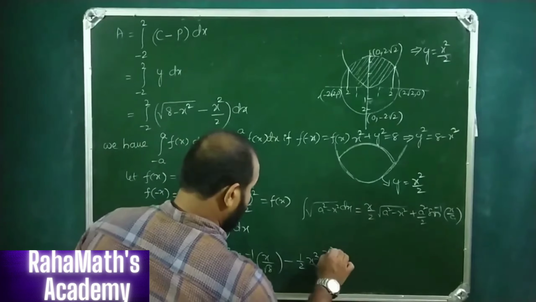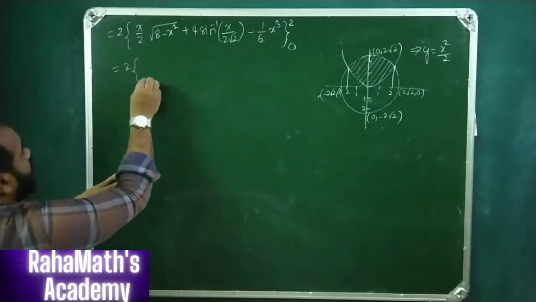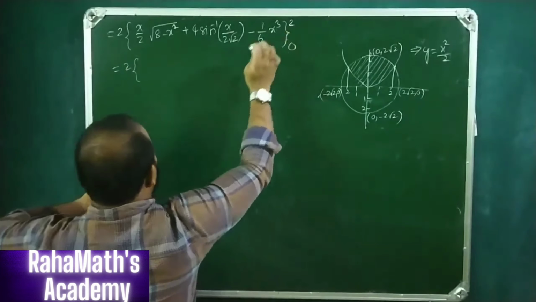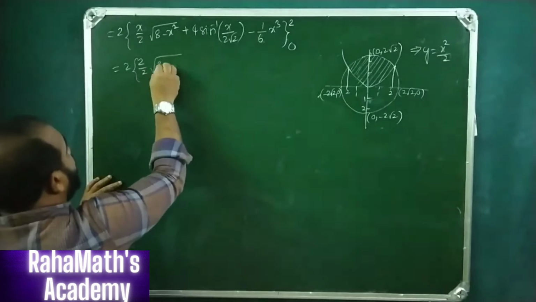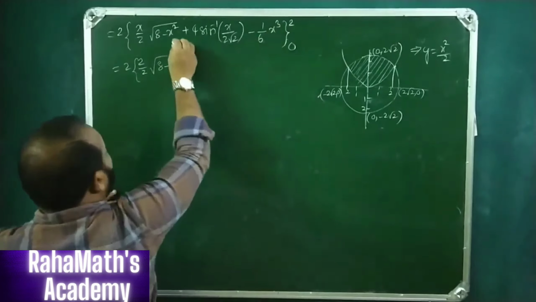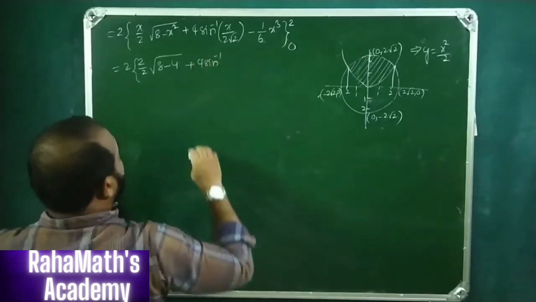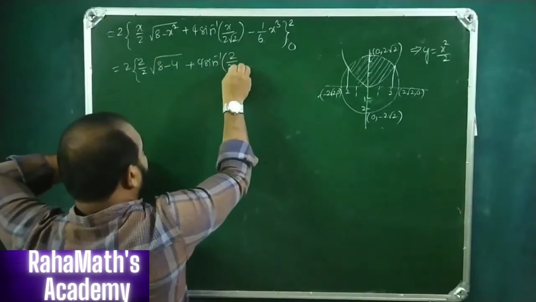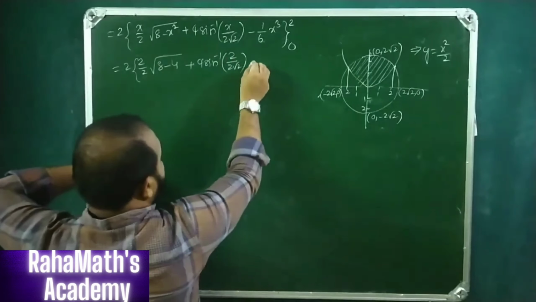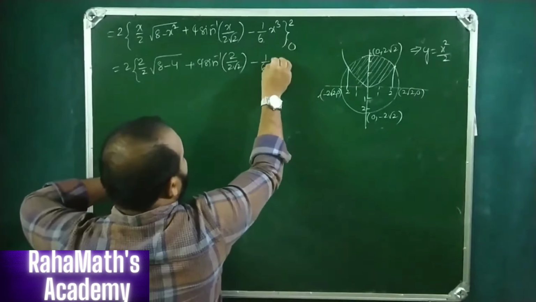Now apply the limit 0 to 2 here. So this is 2 times, substituting the upper limit: 2 by 2 square root of 8 minus 2 square, that is 4, plus 4 sine inverse of 2 by 2 root 2, minus 1 by 6 x cube, that is 2 cube.